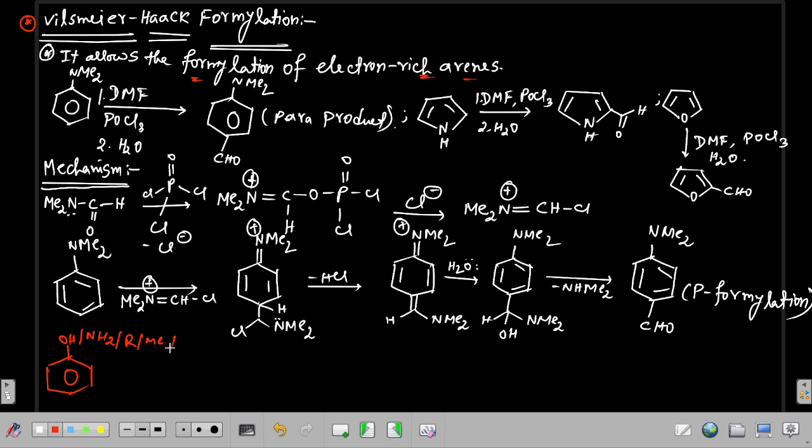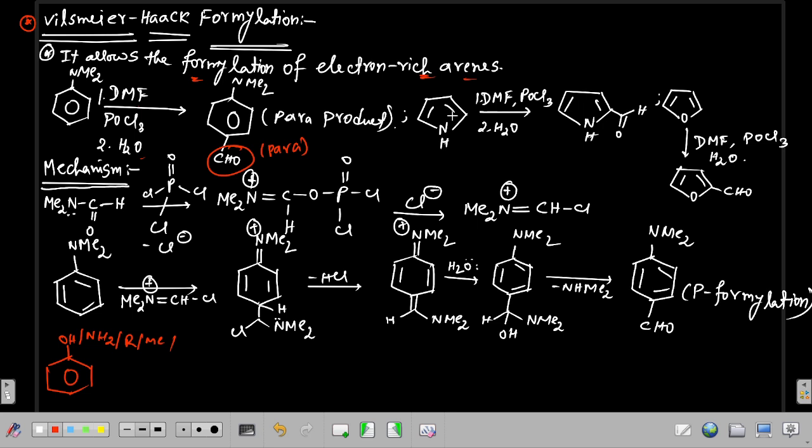These are all electron-rich species. By reaction of this electron-rich arene with DMF and phosphorus oxychloride, followed by water, it will give the para-substituted product. Here the hydrogen is substituted with a formyl group.